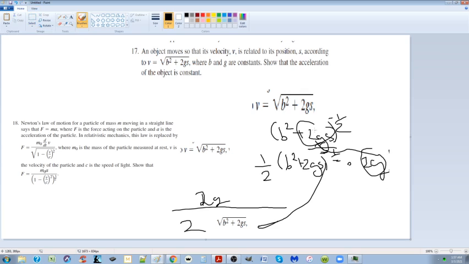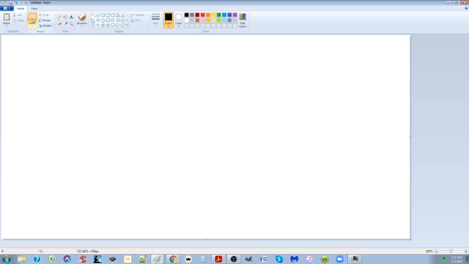Which means you have to turn the derivative of this part into 2g times velocity. But down here, you're allowed to replace it with v, because that's what that is. They told us that in the beginning. And right here, you can see the 2's cancel out, and the v's cancel out, and you're left with g-force. That's what they're going on about.